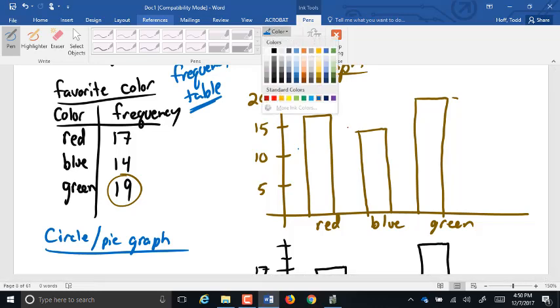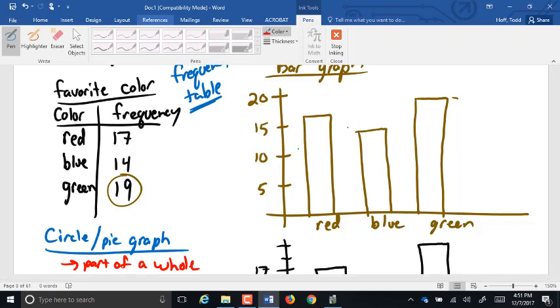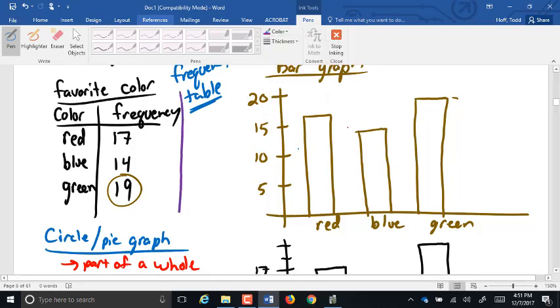Pie graphs don't represent raw numbers. They represent parts of a whole. So a pie graph is usually represented with percents. So to find percents, I first have to find the total here. I add those up, and that's 50.